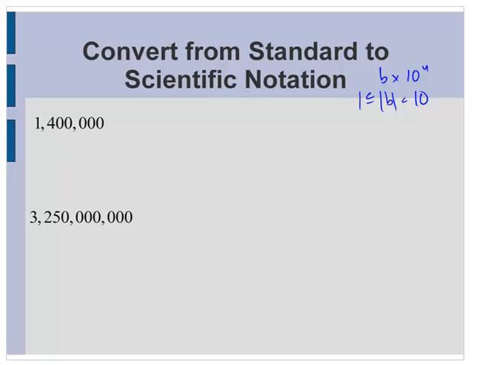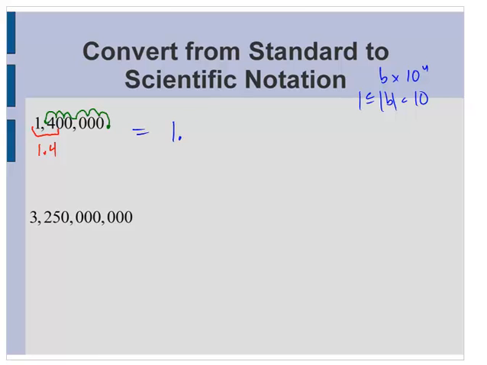Well, 1.4 is between 1 and 10. So that's my b. Now I've got to decide how many places did I move the decimal. Well, the decimal was at the end of this whole number, and I moved it 1, 2, 3, 4, 5, 6 places.